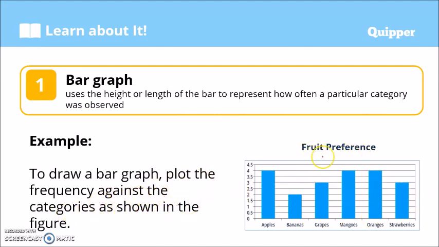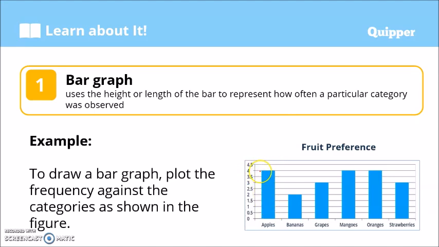So we have here the result of a survey on fruit preference. We have apples, bananas, grapes, mangoes, oranges, and strawberries. In this bar graph, we can see here that we have 4 apples, as indicated by the height of the bar.